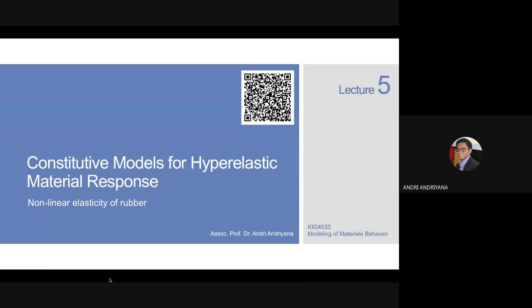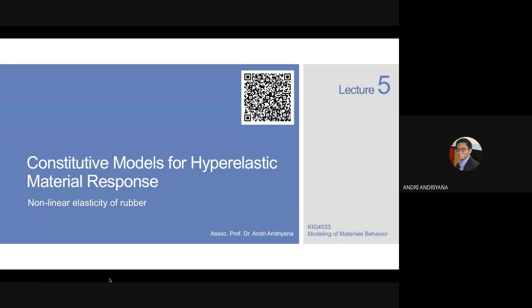Basically, this is an extension of what we have learned in lecture 4, dealing with linear elasticity. We will remain on the case of elastic deformation, which means that we do not consider any plastic deformations.